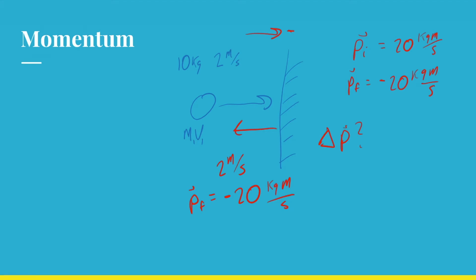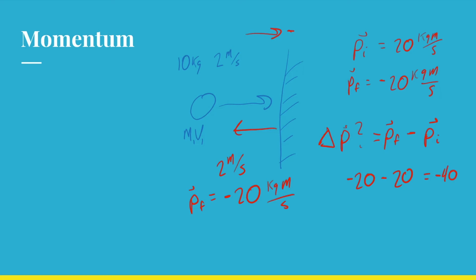So remember that the change in something is equal to its final minus its initial. That is how much it has changed by since it started. And so if we plug things in, we have -20 minus 20 is equal to -40.